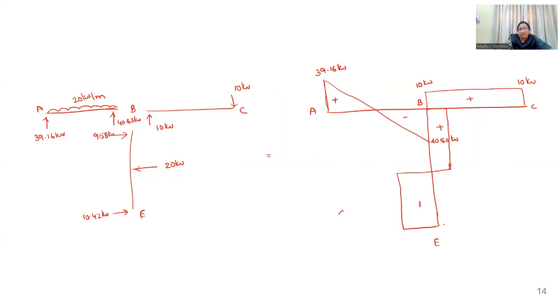So this value is 10.42 kilonewton. So this is D point. So this is 40.83 kilonewton and this one is 9.58 kilonewton. So this is your shear force diagram.